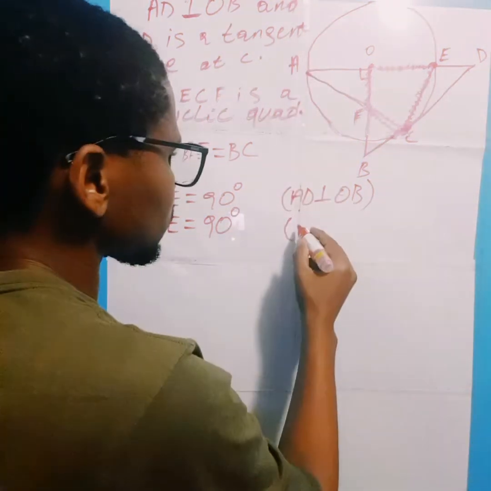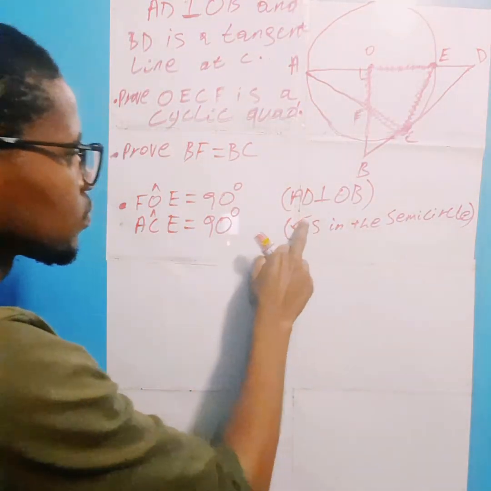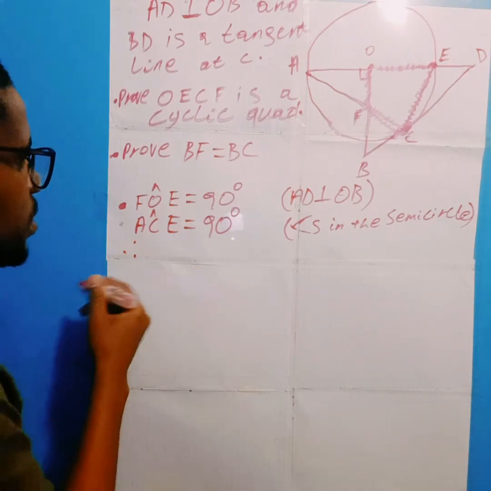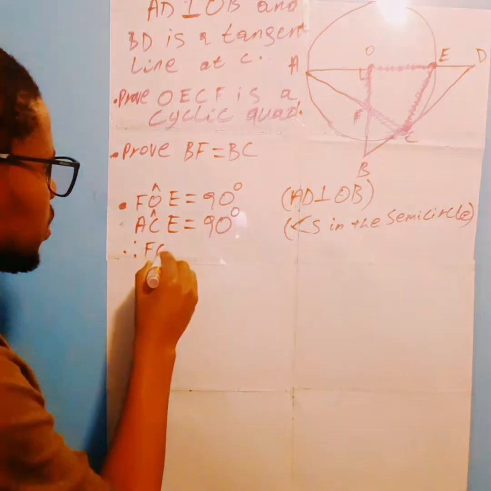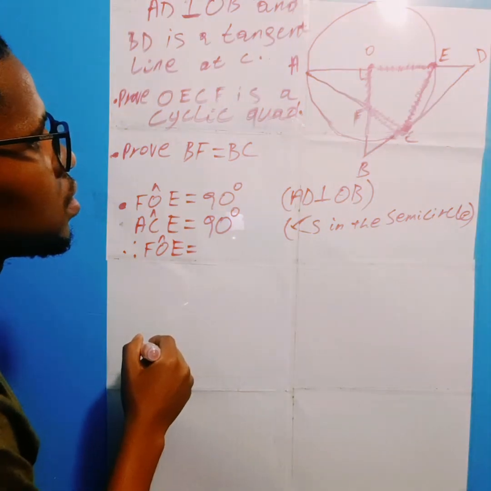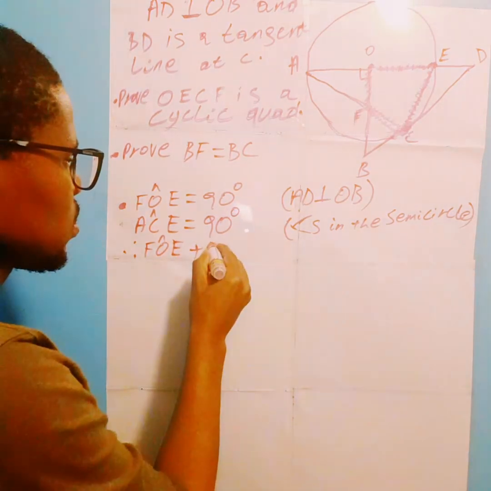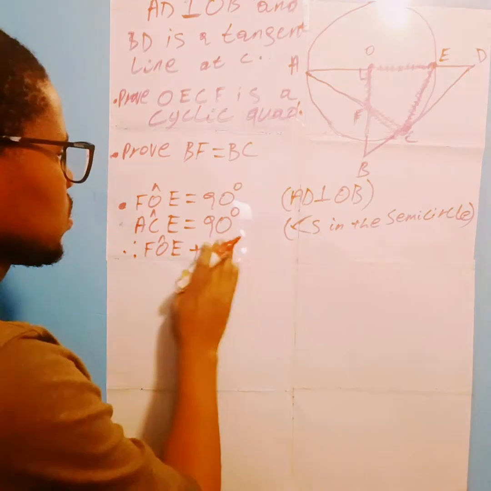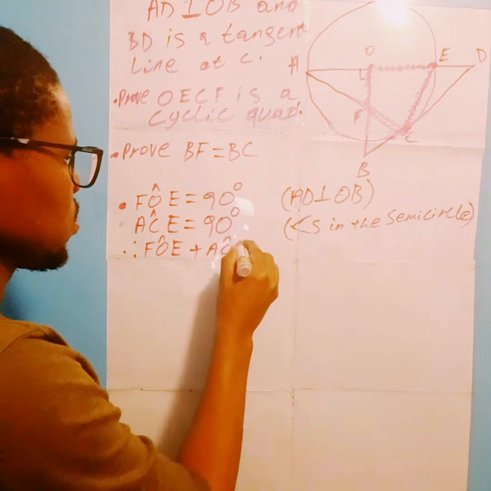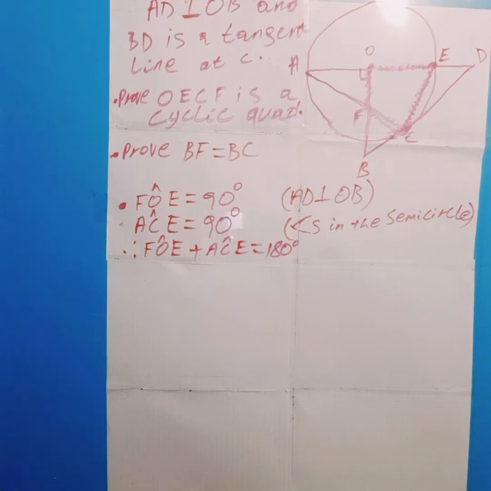Therefore, you can just see that the sum of these two angles must be 180 degrees from the previous statements.